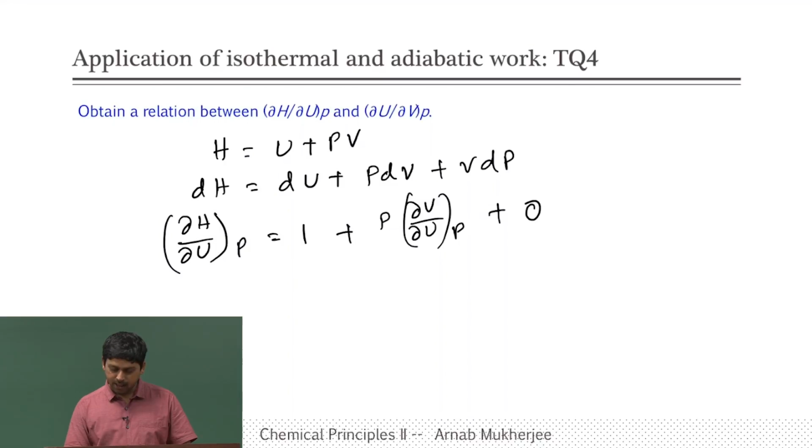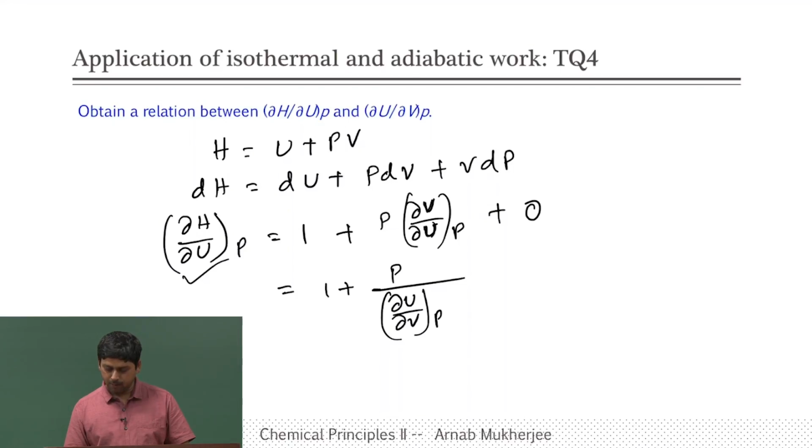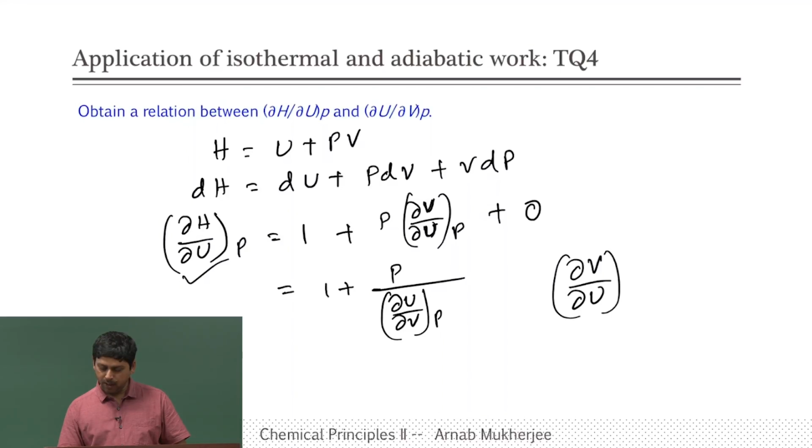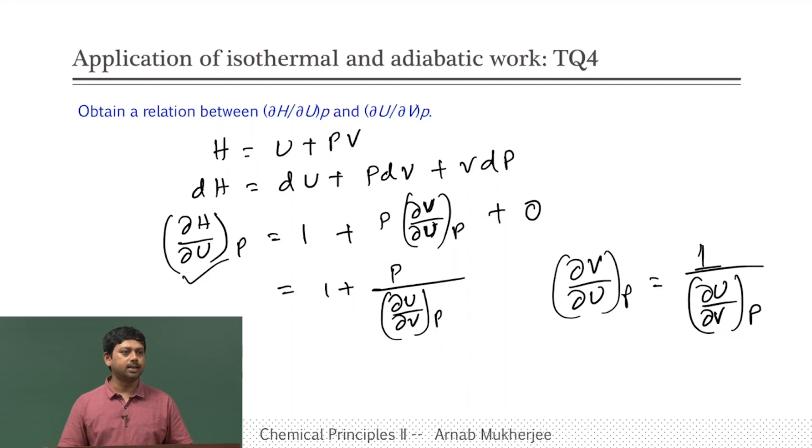We have del h by del u at p, and we got del v by del u, but we can manage that. I can write 1 plus p by del u by del v at p, it is in a reciprocal relation. So, del v by del u at p is 1 by del u by del v at p. We can write that as a reciprocal relation.